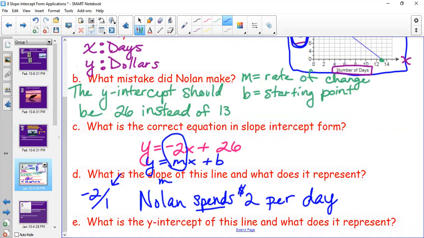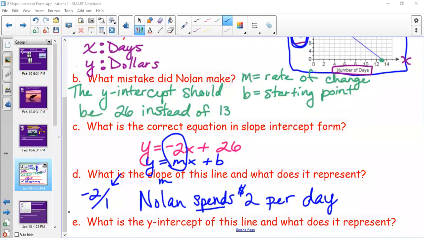All right, last question here on this page. It says, what is the y-intercept? Sorry, I stopped my screen share there. What is the y-intercept of this line and what does it represent? Okay, so again, our y-intercept is the letter b.